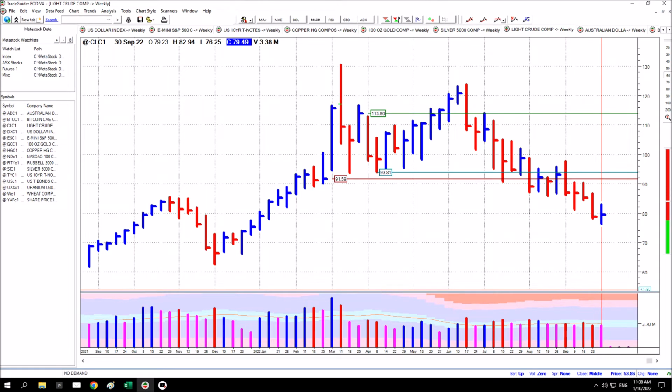Like crude price futures, broke down a second time 2 weeks back, and this week has seen some buying support come in, although it's not particularly strong. This was the volume bar that we were interested in last week.